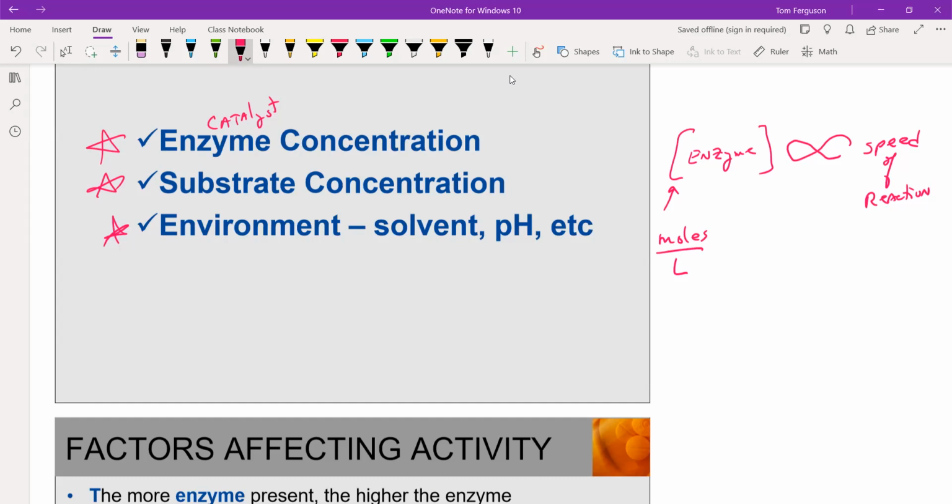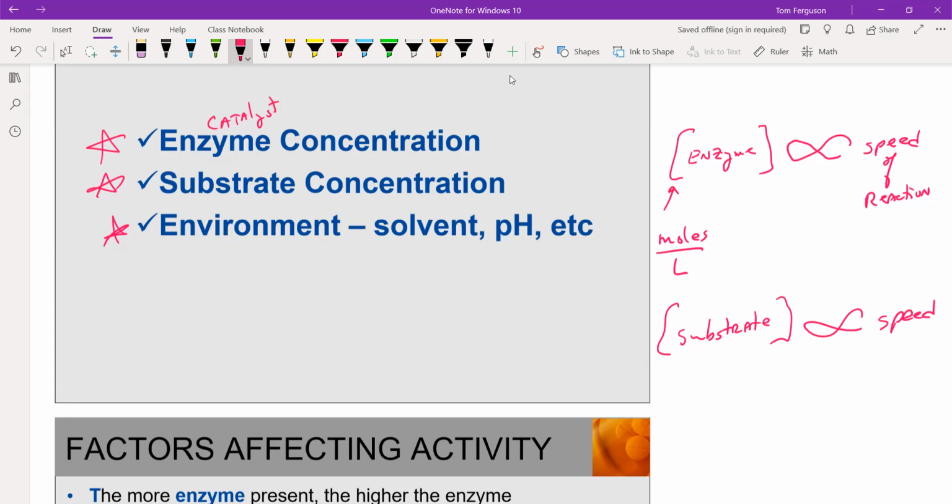So the concentration of the enzyme is directly proportional to the speed of the reaction. Higher the concentration of the enzyme, faster the reaction. Same with substrate. You got more reactants, reaction goes faster.